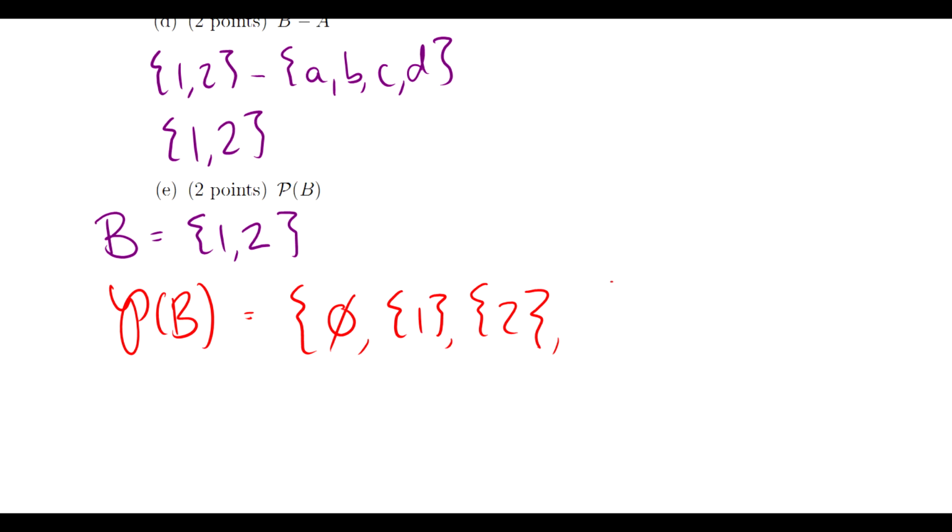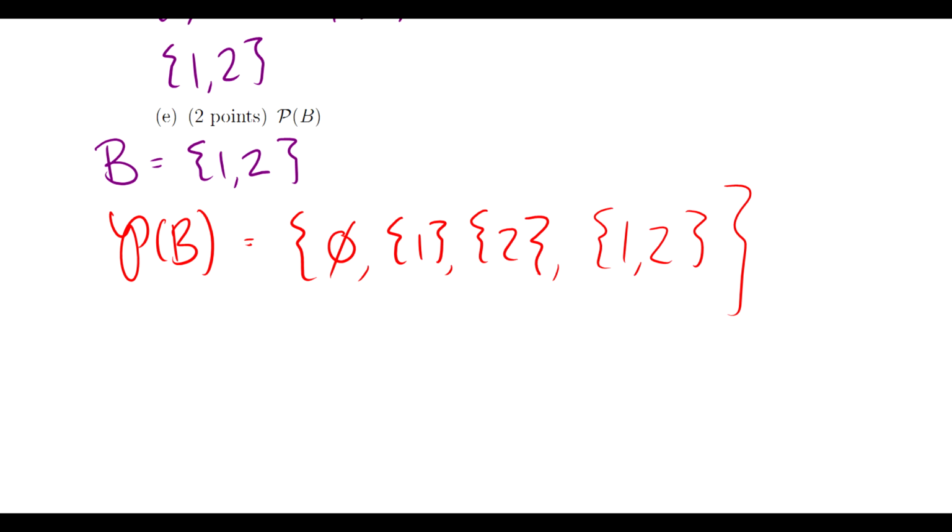And the set containing 1 and 2 is a possible subset. So remember, the power set is just the set of all possible subsets: the empty set, {1}, {2}, and {1, 2}.